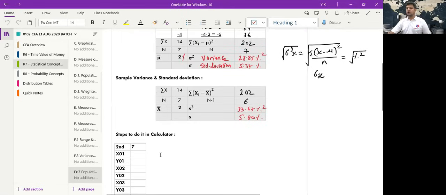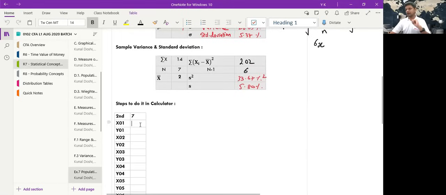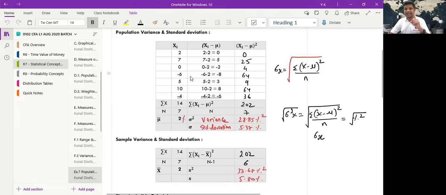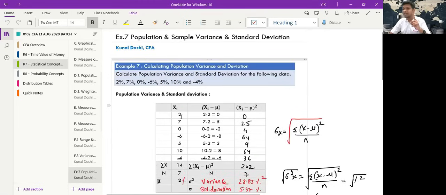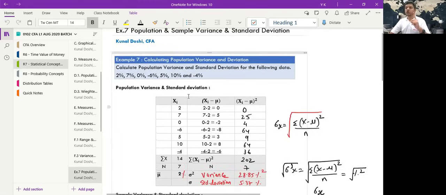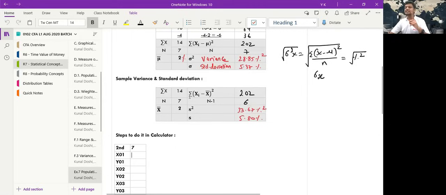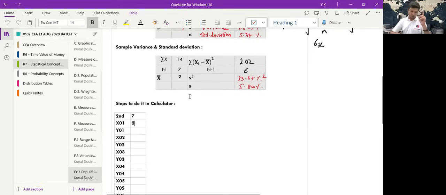So you have pressed second 7. On your screen you have X01. What is 01? That is the first data. Here you have how many numbers, guys? 7 numbers. So in X01, I will put 2. Press 2 and press enter. What do you have next on your screen?